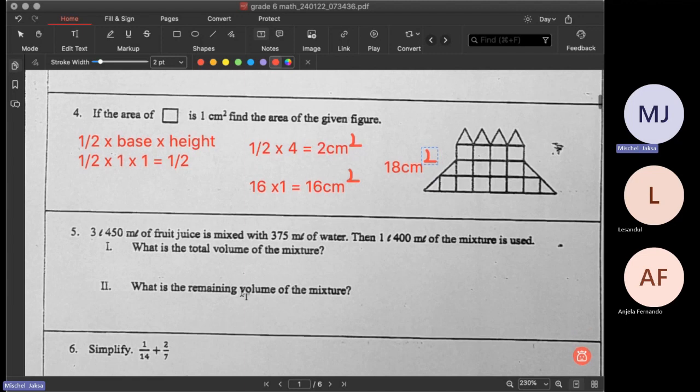Next question. 3 liters and 450 milliliters of fruit juice is mixed with 375 milliliters of water. Then 1 liter and 400 milliliters of the mixture is used. What is the total volume of the mixture? What is the answer?